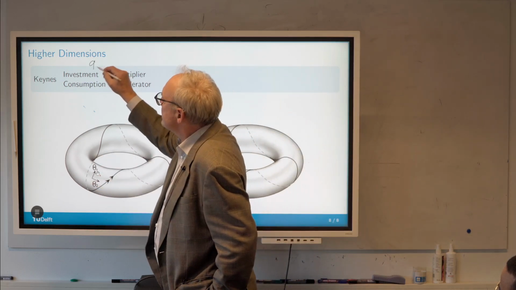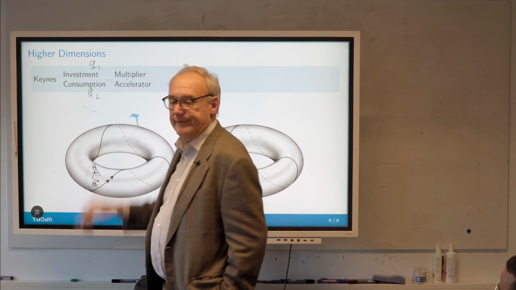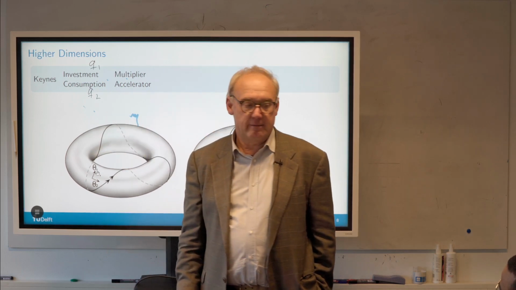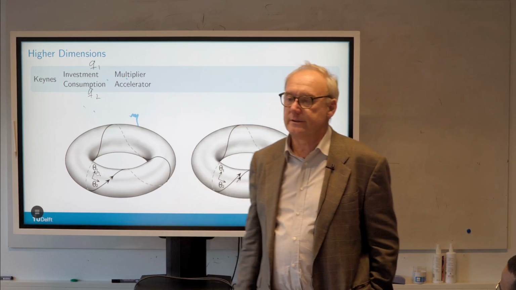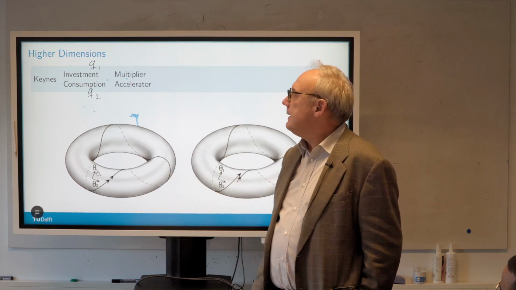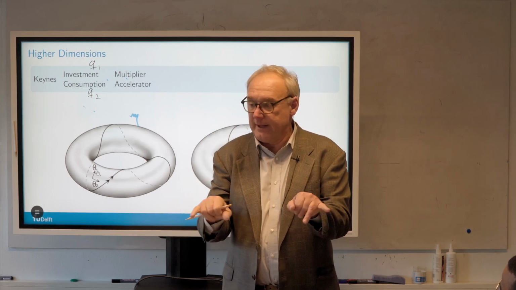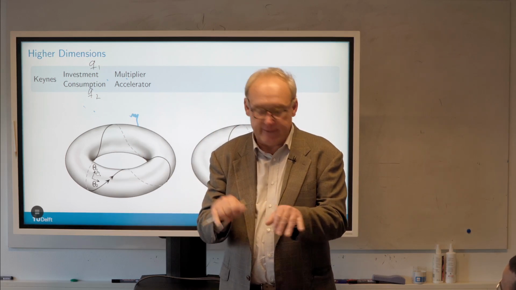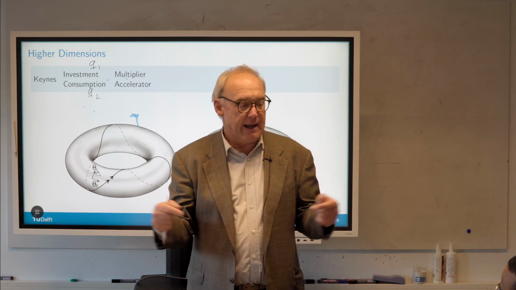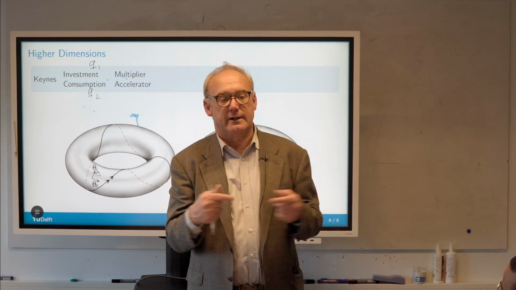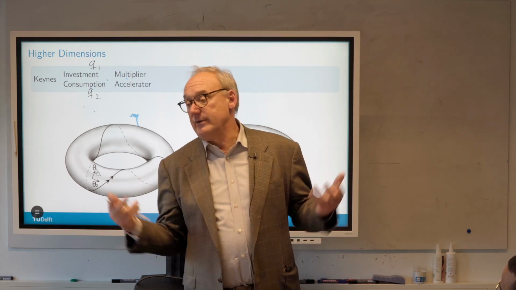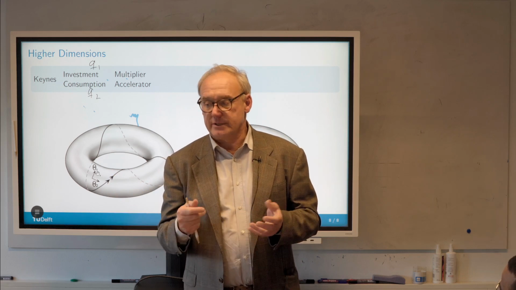There is an investment and there is a consumption, and both of these have prices, of course. And they interact with one another. So we have a two-dimensional harmonic oscillator, and they can exchange energy if you had a harmonic oscillator. Of course they can.